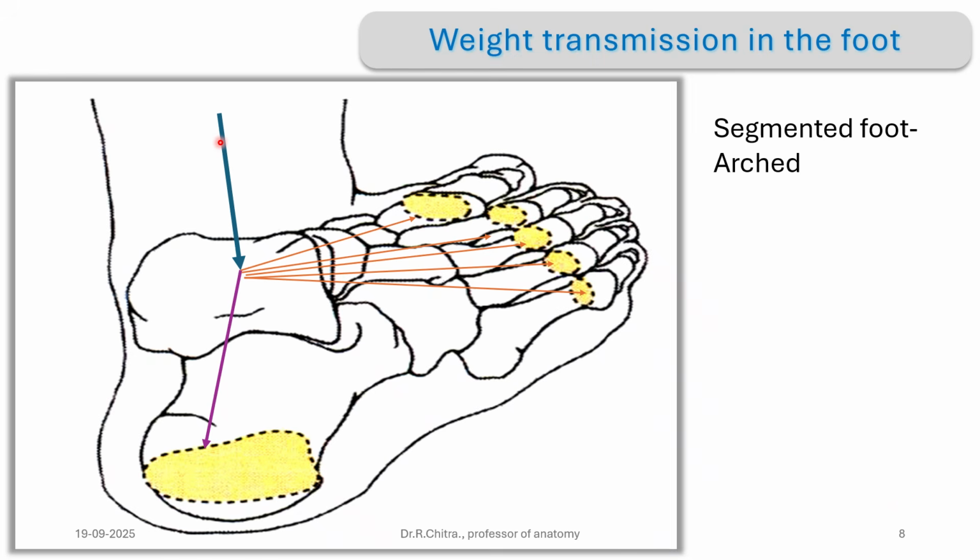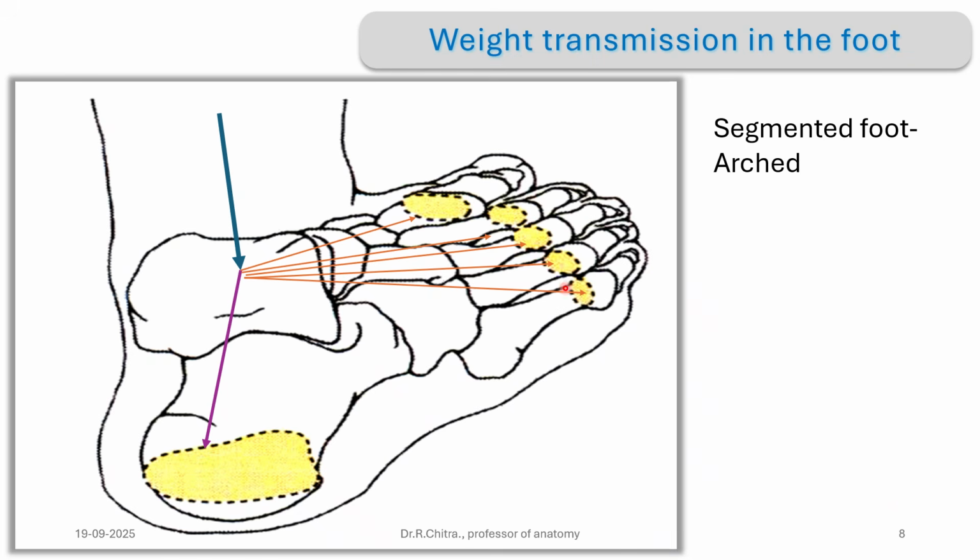In this picture, weight distribution in the arched foot is given. For example, if you weigh 80 kg, then 40 kg of the body weight is distributed to each lower limb. This 40 is distributed from the lower limb to the foot. Then it is equally distributed to the back 20 kg and to the front 20 kg.